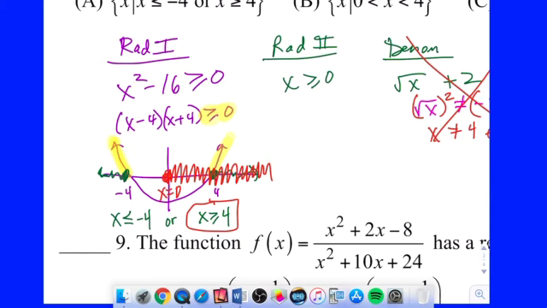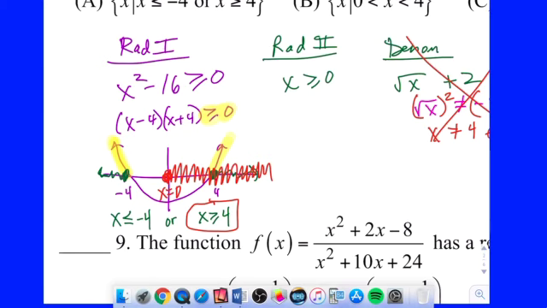Or just say, okay, is everything that's greater than 0 also greater than 4? If I take this to be my domain, greater than 0, I could choose 1. Well, would 1 work in every piece? No, because this guy says I have to be bigger than 4. Okay, so you take the one that restricts more values. If something is greater than 4, it's also going to be greater than 0.